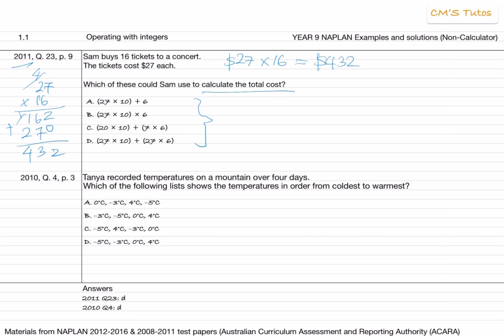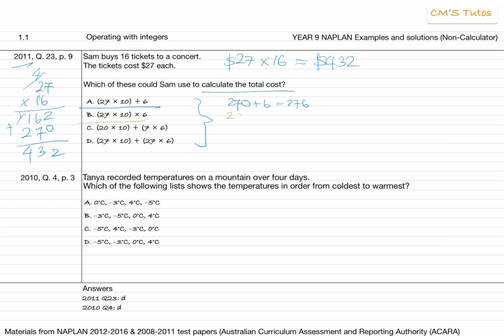We're going to go at each option. Let's have a look at A. A is 270 plus 6, 276. Because we are solving the BODMAS, remember, the brackets first. And again, B, 270.